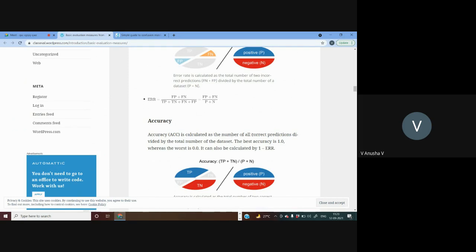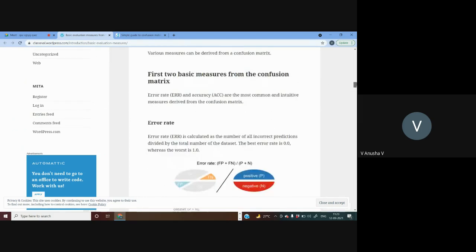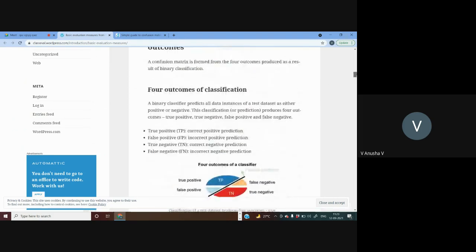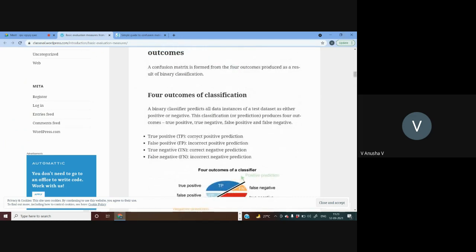What is the meaning of number of all correct predictions? True negative and true positive will be considered as correct predictions. True positive is a correct positive prediction. True negative is a correct negative prediction. False positive is an incorrect positive prediction. False negative is an incorrect negative prediction.